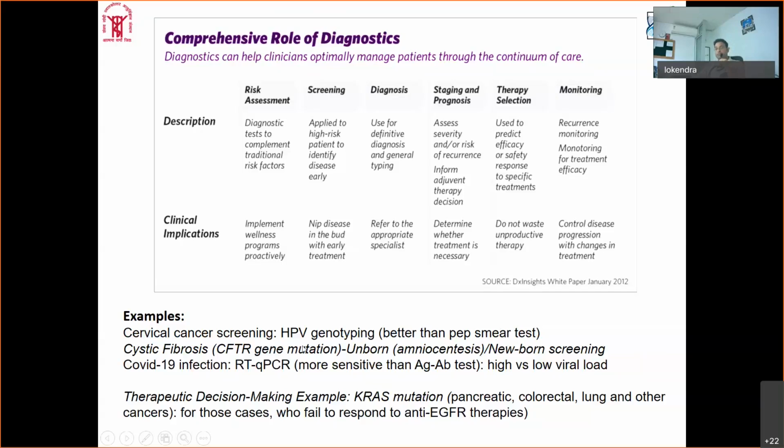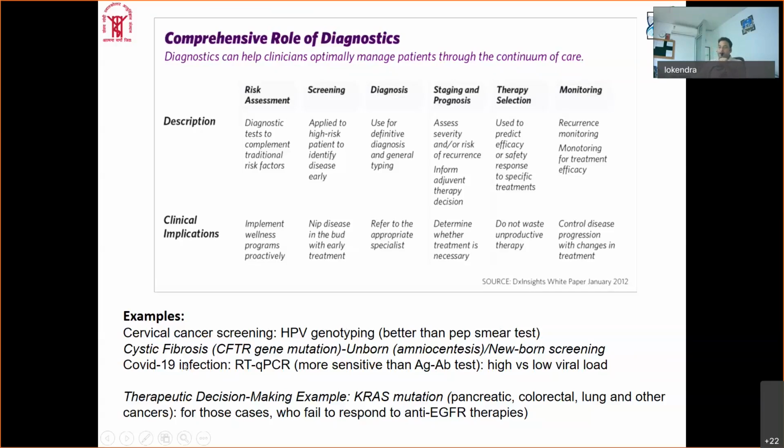That is now replaced by HPV genotyping, in which we can say whether this belongs to cervical cancer or HPV viral infection, and what kind of infection it is, high risk or low risk, and even in the high risk, what kind of genotype it is. So that helps in the screening as well as in developing proper disease management.